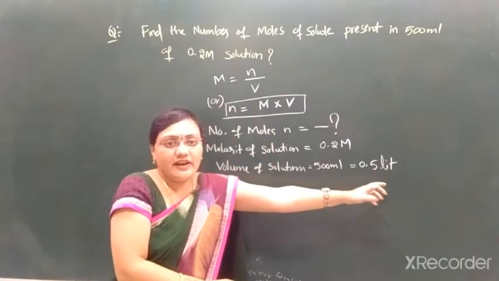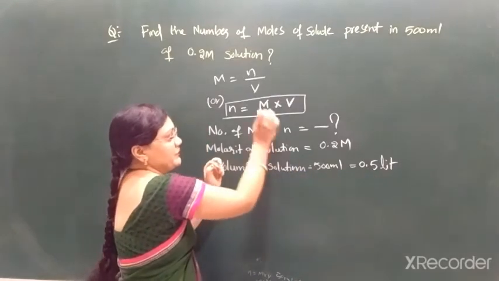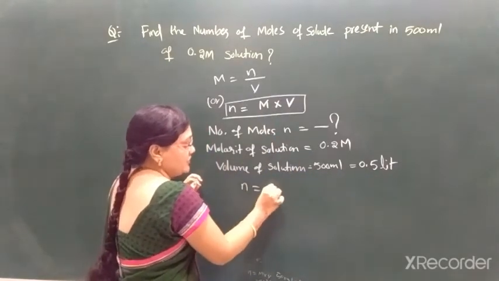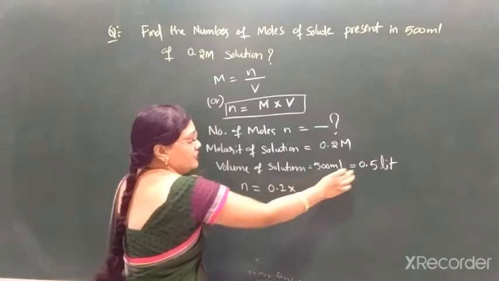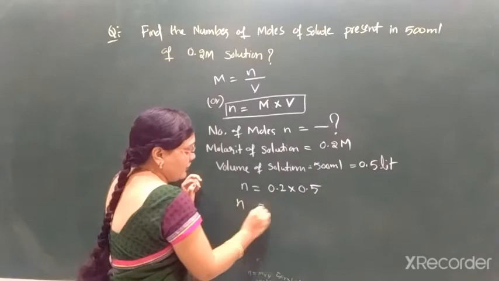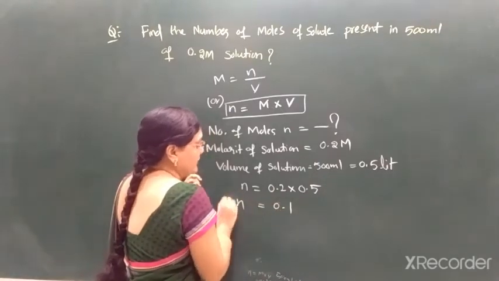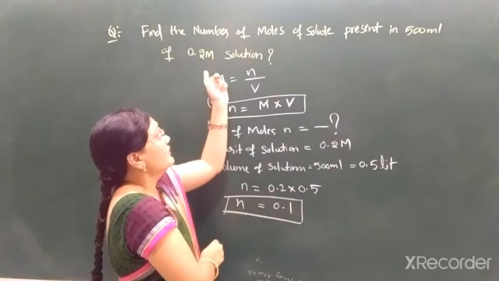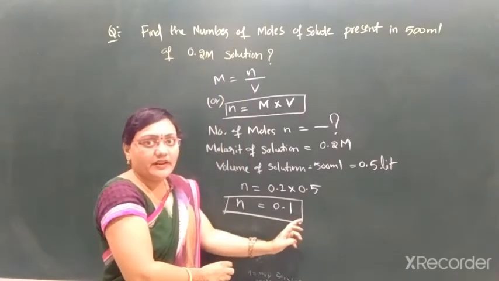These are substituted: n equal to 0.2 into 0.5. The number of moles equal to 0.1.